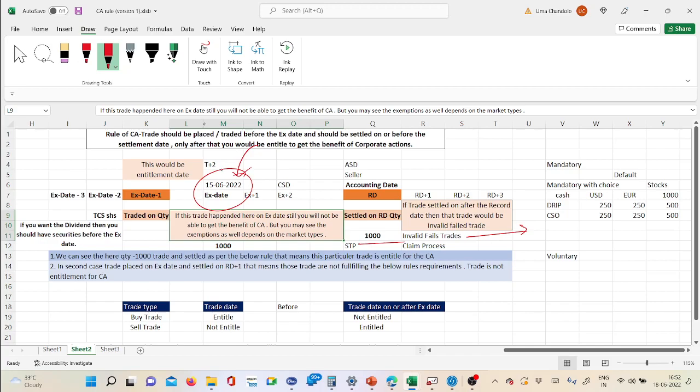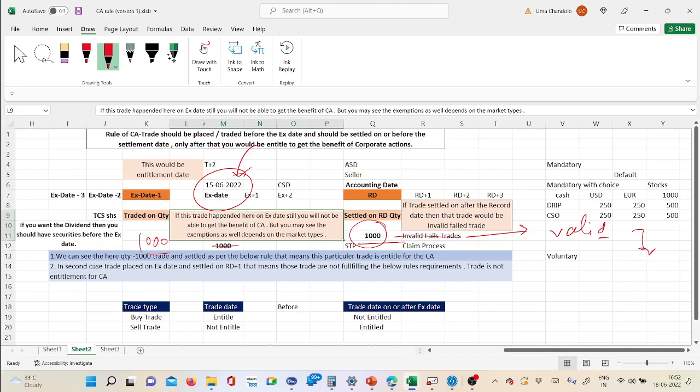But instead, if you buy the security on X minus 1, and the security settles here, in that case your securities are valid, and definitely the corporate action team will process the dividend to your securities. That's the ex date procedure we follow to consider the accrued dividend.